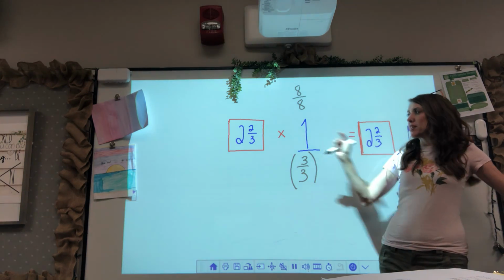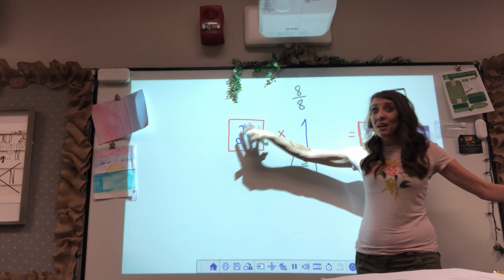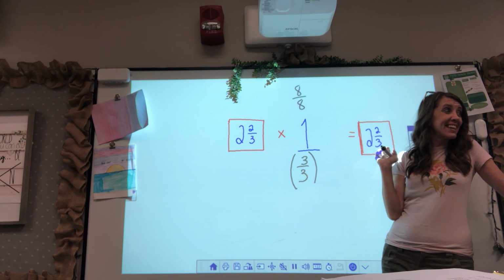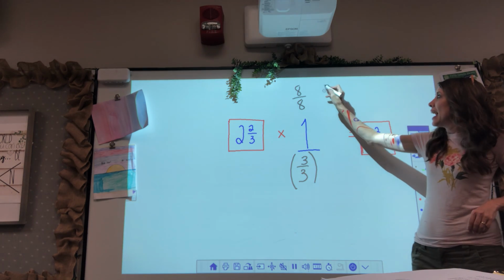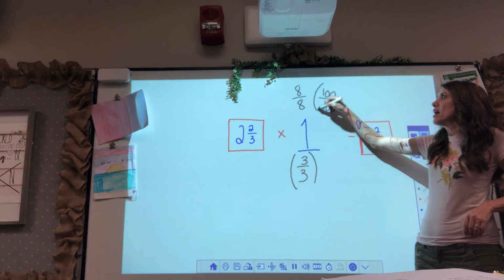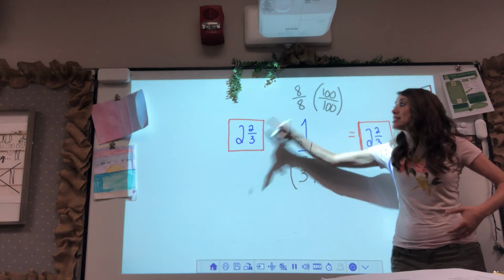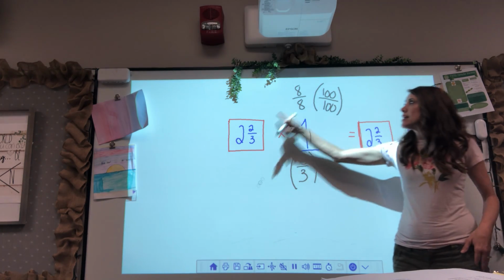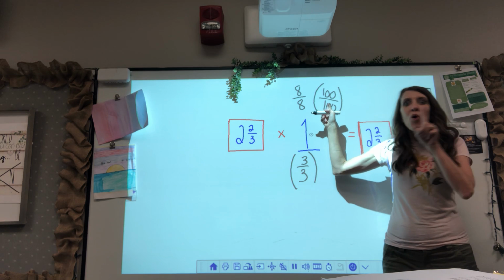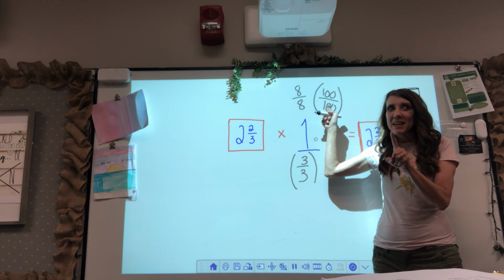What's another fraction that if I multiply anything by this whole fraction, it's going to equal itself? Michaela? 100 over 100. Yes. Any number times the fraction 100 over 100 is going to equal itself. 2 2/3 times 100 hundredths equals 2 2/3 because this really is one whole.